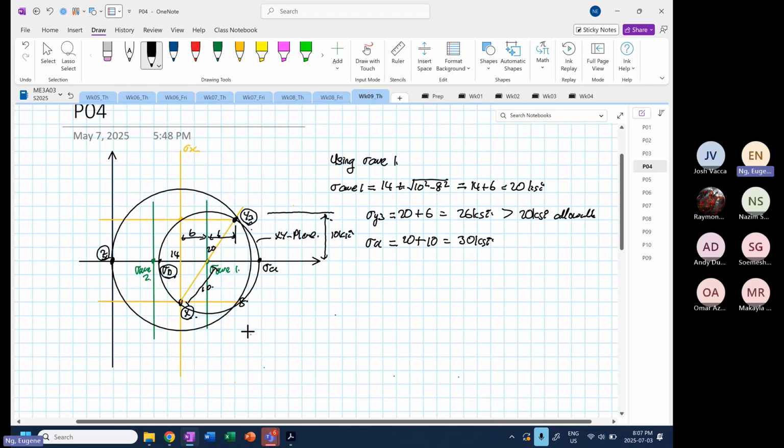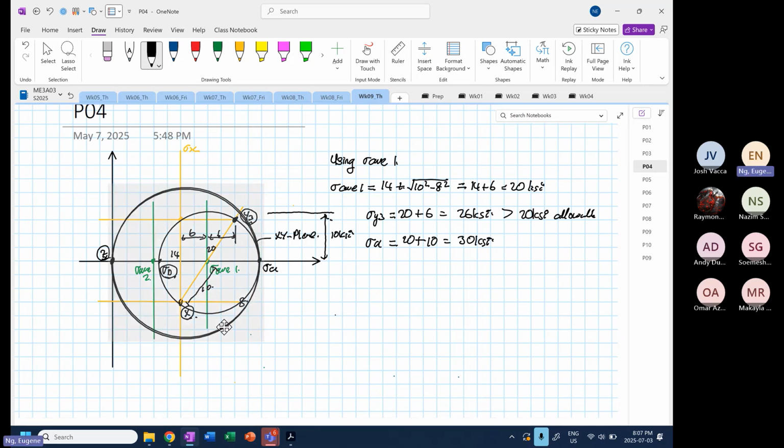This is the next bigger circle. This circle over here will have a tau max of 30 divided by 2, which is equal to 15 KSI.